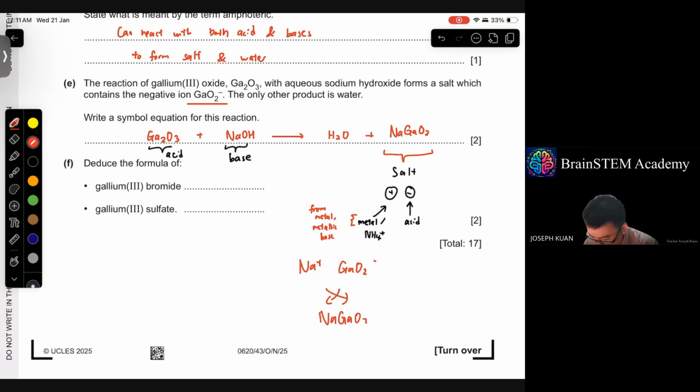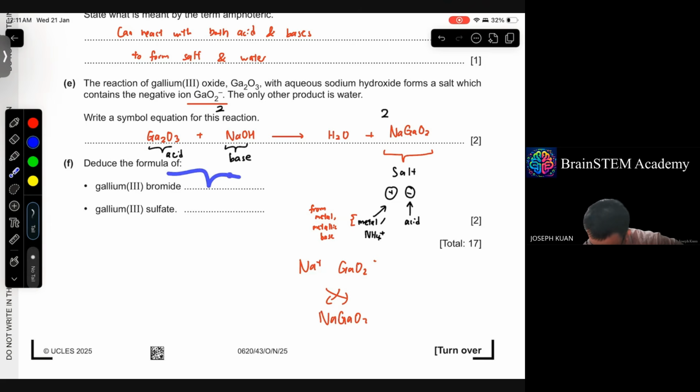Now let's balance the equation. So seems like there's 2 gallium. Hold on, let me double check. Am I doing it correctly? Yep. To balance this equation, I'm seeing 1 Na, and 2 Ga. That means I need to put this number as 2, so I must have 2 sodium and water here. Let's count.